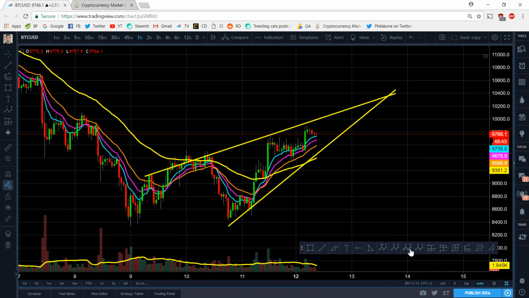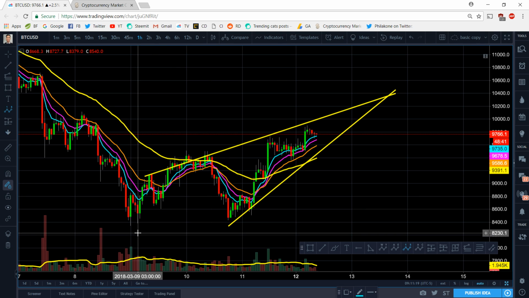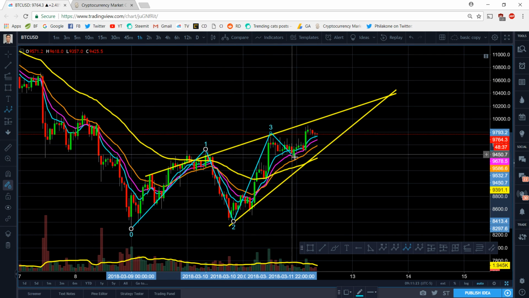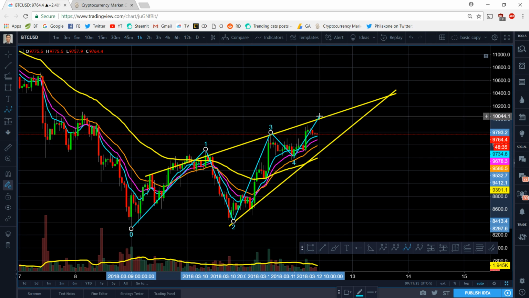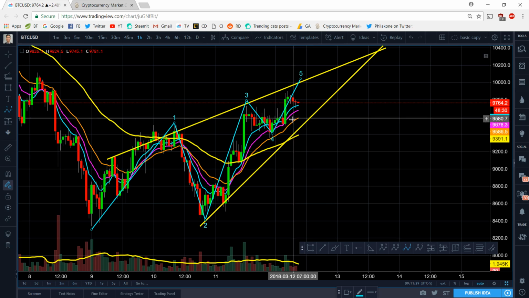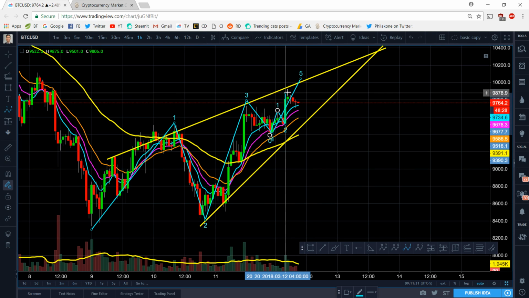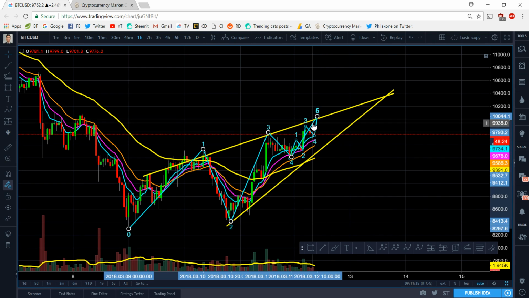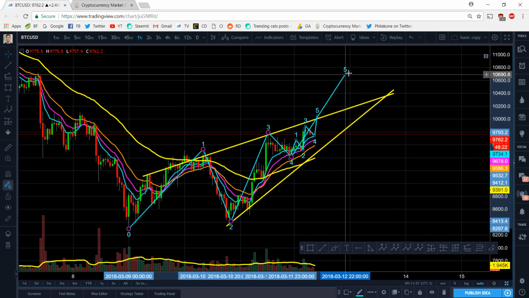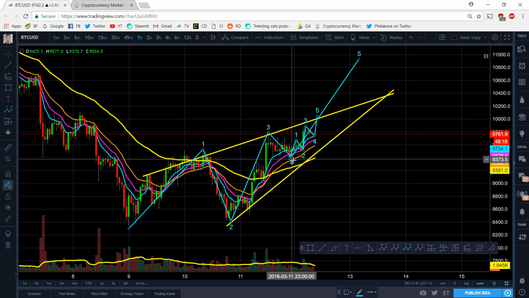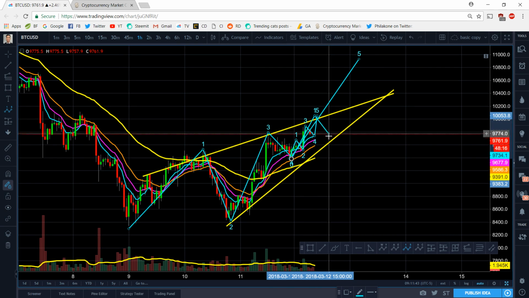Let's say I break it down to where this is wave 1, 2, right? 3 right here, 4-ish there, and this is the fifth wave right there. Well, let's say that this was waves 1, 2, 3, 4, 5. Well, if we actually got a fifth wave extension, despite us having 5 waves already, these 5 waves right here could actually be part of just the first subwave going up.